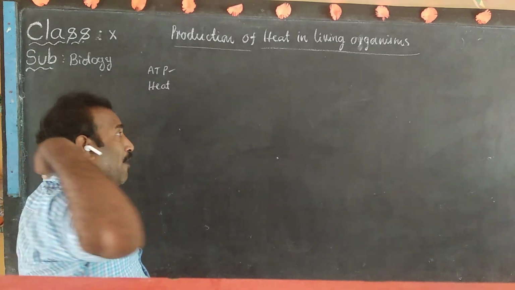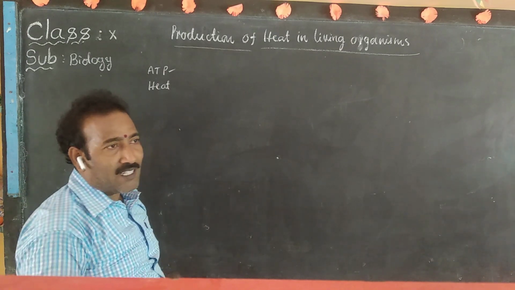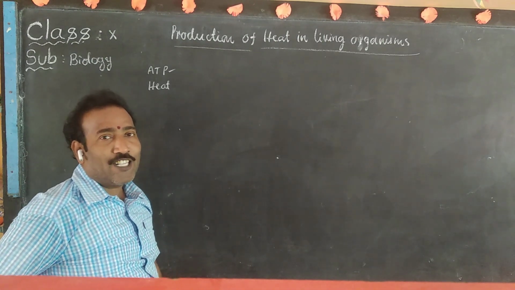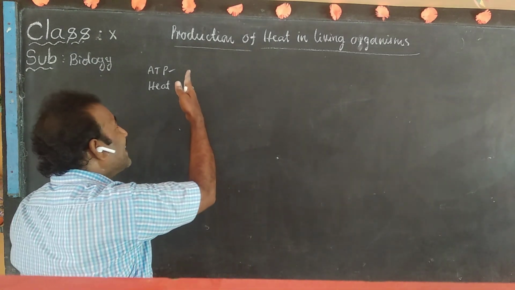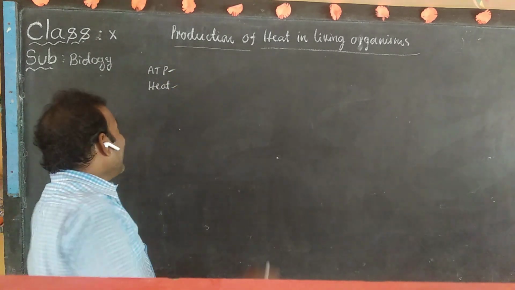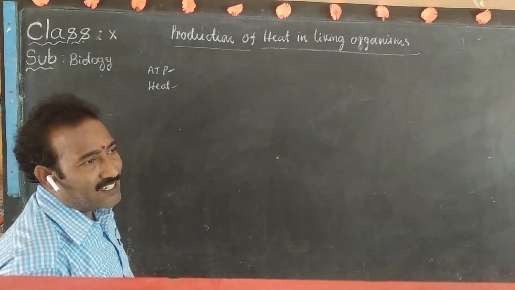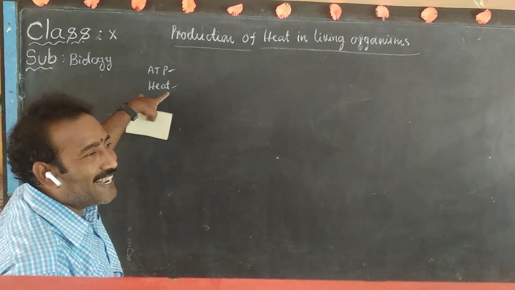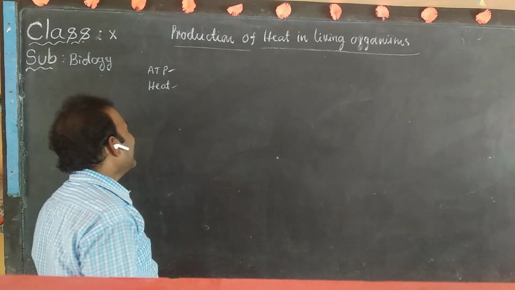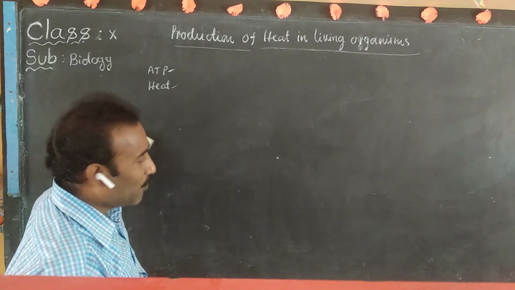Every living being, whether unicellular or multicellular, will produce energy in the form of ATP and heat. ATP is used to carry out the body functions normally. Heat is used as a catalyst to promote the rate of all the metabolic processes. That's why heat is an important factor controlling all the metabolic processes.